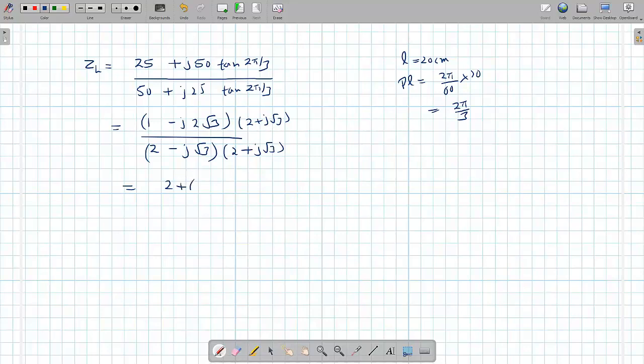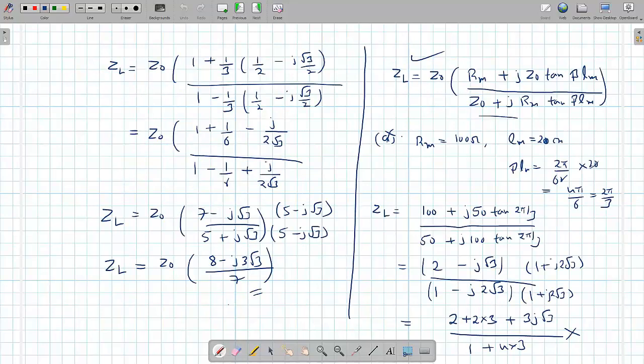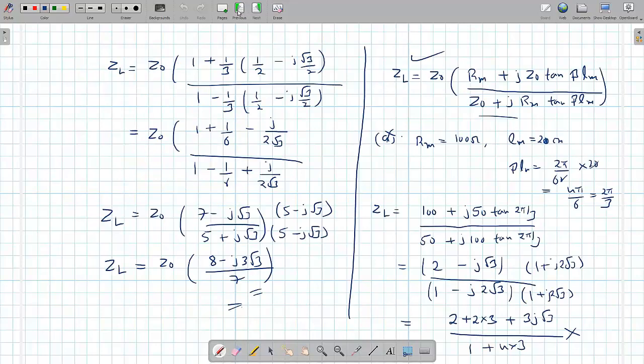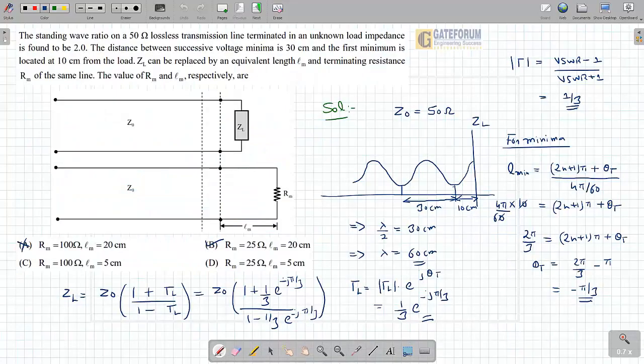Then j 2 root 3, 4 minus j 3 root 3, and here it is 4 plus 3. This is matching. This is 8 minus j root 3 divided by 7. It should match with this: 8 minus j root 3 divided by 7. So this answer is matching, and we can say that this is the right answer.